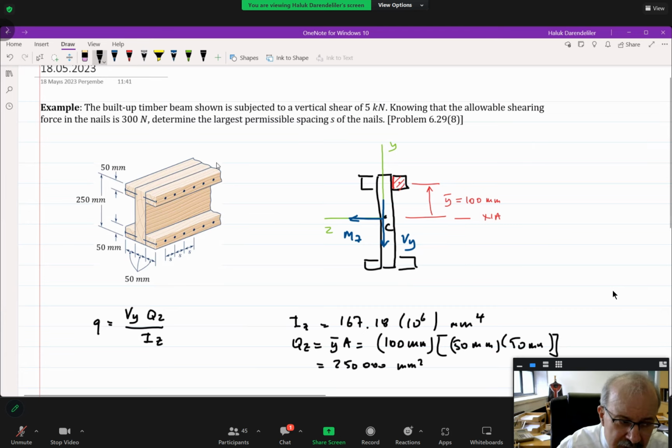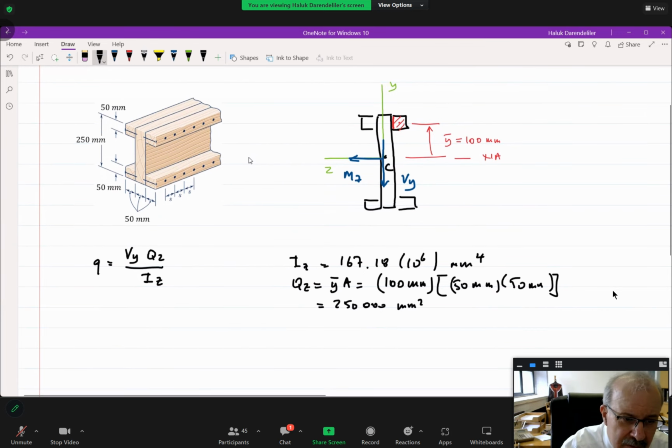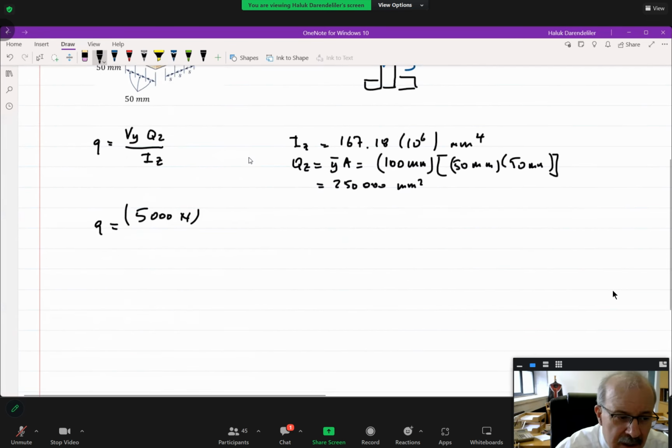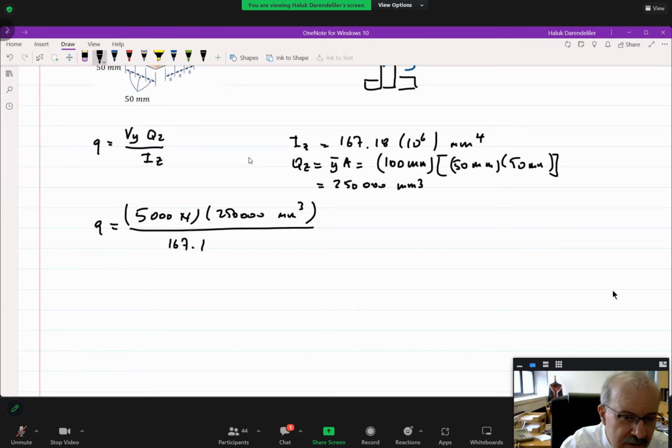So, very simply, the shear flow gives us the following: q is equal to Vy, which is given in the problem as 5,000 newtons, and then the Q value, which is 250,000 millimeters cubed, it will be cubed, not squared, divided by the moment of inertia, 167.18 times 10 to the power 6.